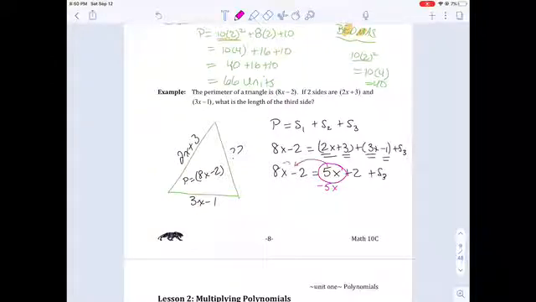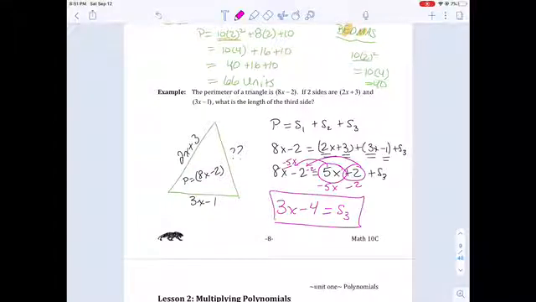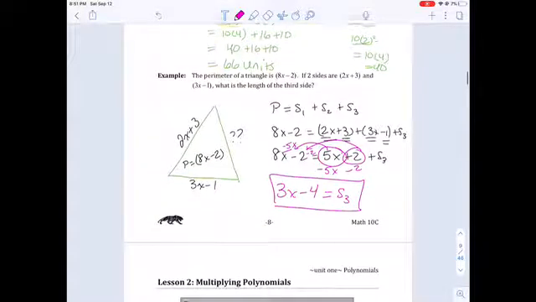I always say when I move it over, the sign changes, so that's going to become a minus 5x, and I'm going to subtract 2 as well. So now I've got 8x minus 5x, that's 3x, and negative 2 minus 2 is negative 4. And that's my side 3. A little bit nonsensical because it's a variable, but there we go.